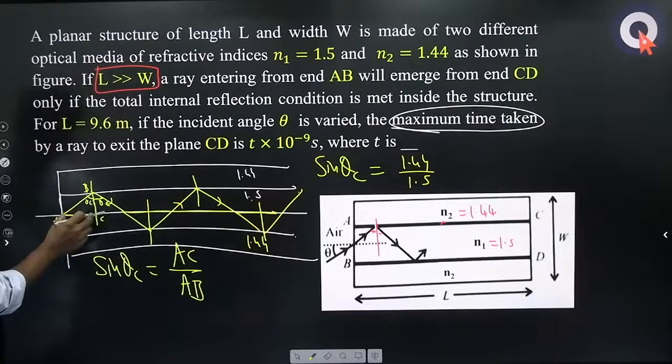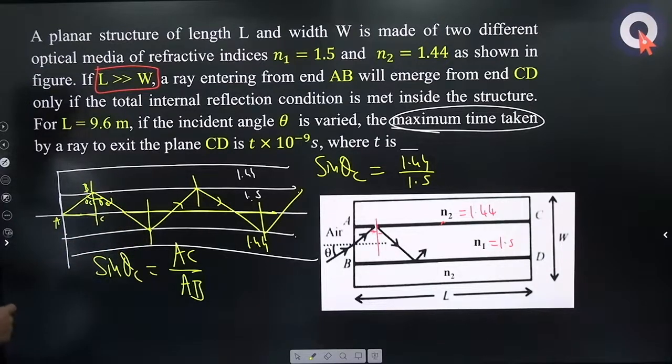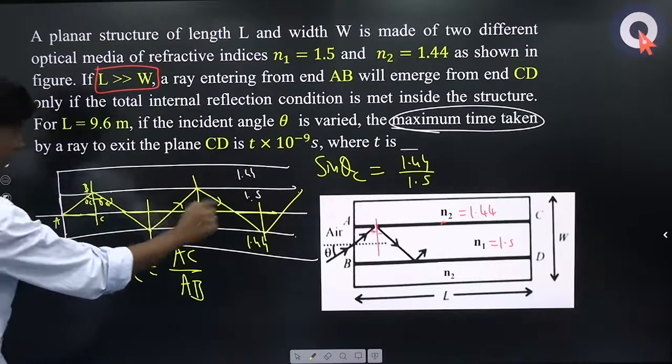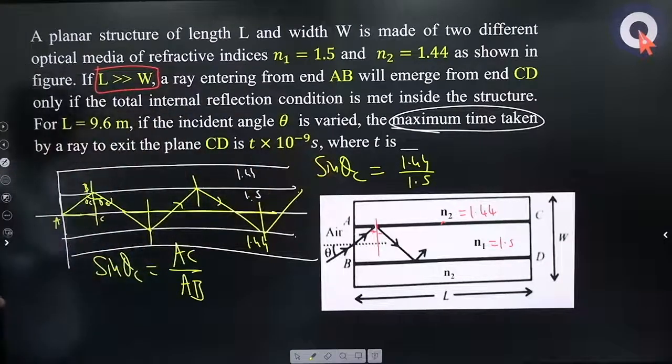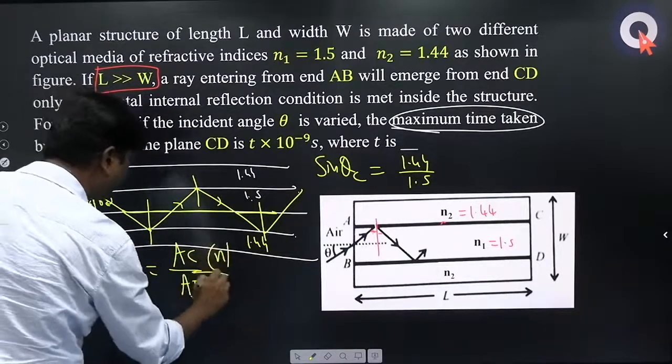So for AB, AC is there. For this one will be there. For this one will be there, right? Likewise, let us say this is 1, this is 2, this is 3, 4, 5, 6, 7, like that, some n number. So I'll multiply this and divide this with n.